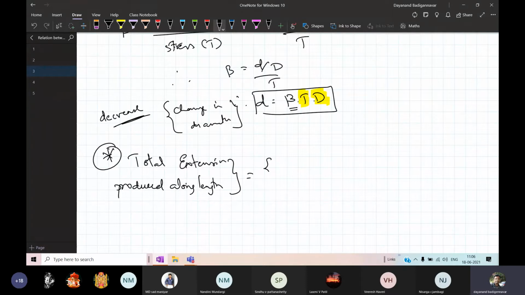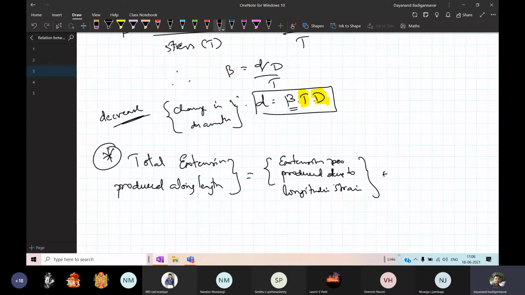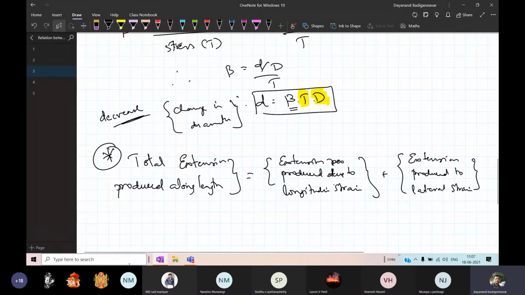The extension produced due to the longitudinal strain coefficient, plus the extension produced due to the lateral strain. So the total length extension is the extension produced due to the longitudinal strain plus the extension produced due to the lateral strain.